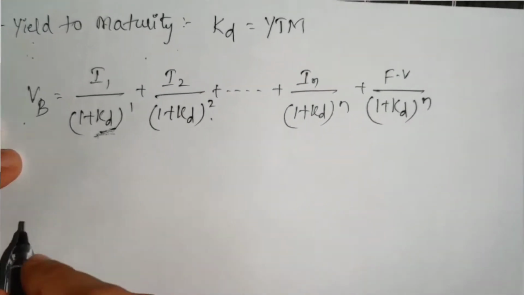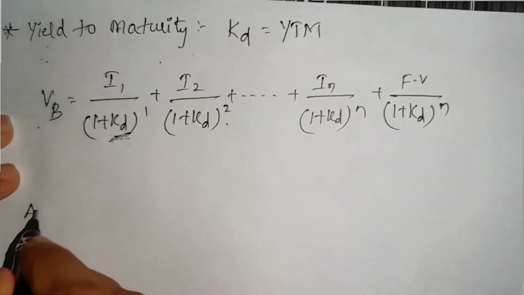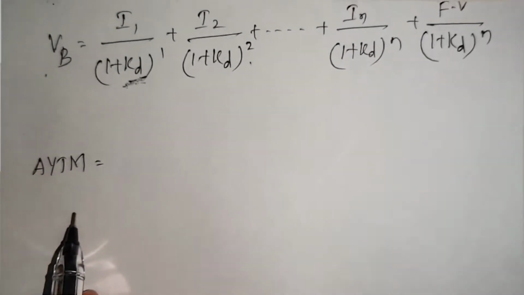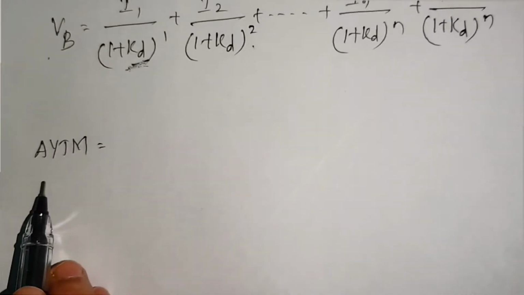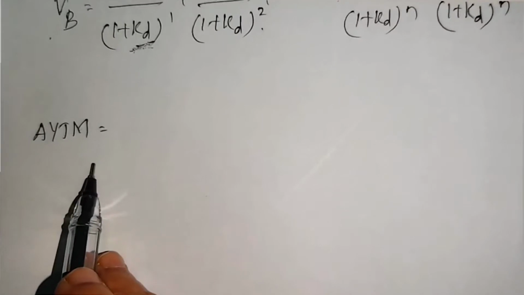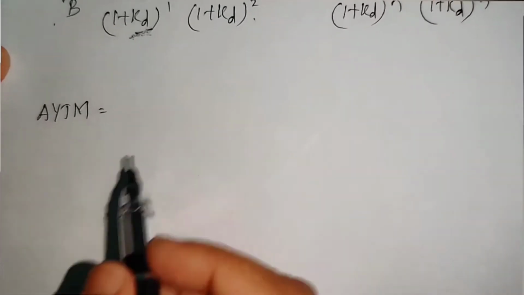But here we are going with a shortcut method, which is also considered as AYTM, the approximation yield to maturity method. Approximately you will get the same rate.